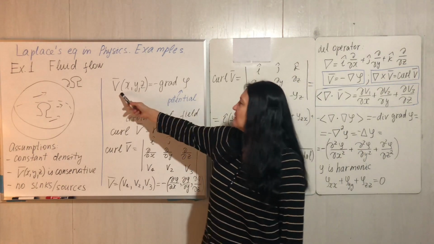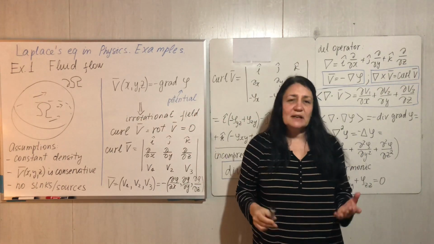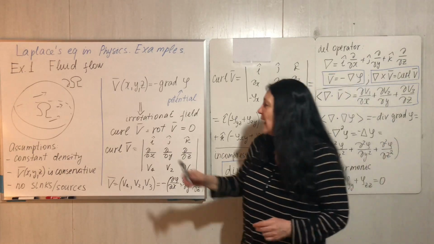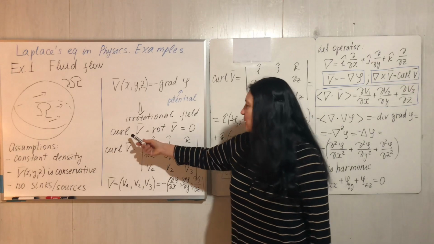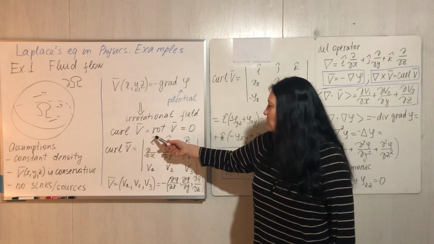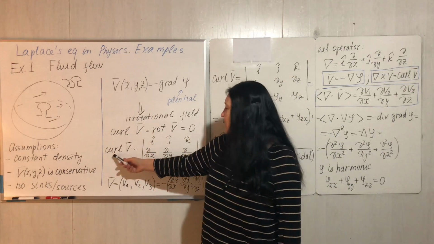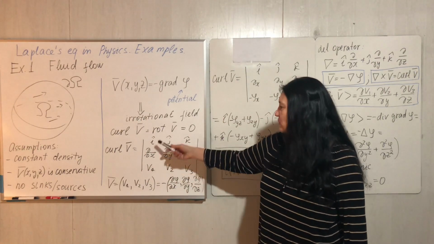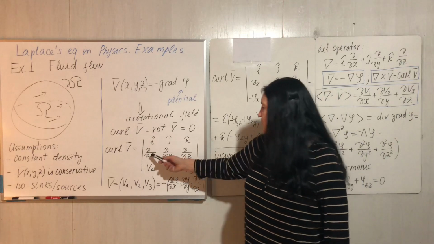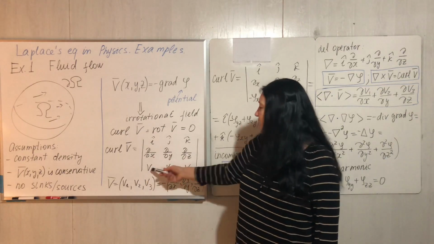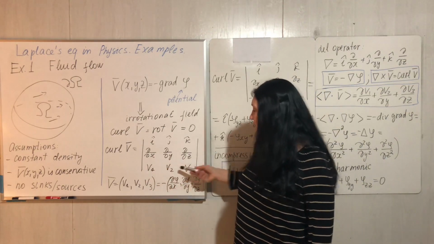And if we have such a condition, that automatically means that our field is irrotational, because if we compute curl of V, or rotor of V, then that would be the determinant of i, j, k, then we have derivatives with respect to x, y, and z, and then components of our vector.